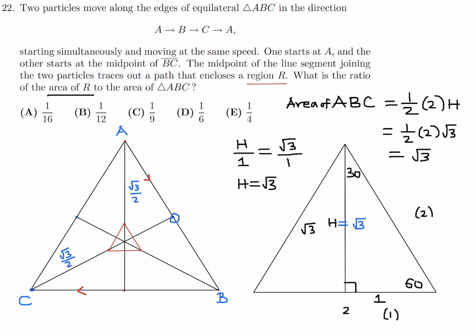All right? Now, what I need to do is figure out this distance right here, from here to the base. That is very important because that allows me to figure out the distance from here to here inside that small red triangle. So how do I do that?